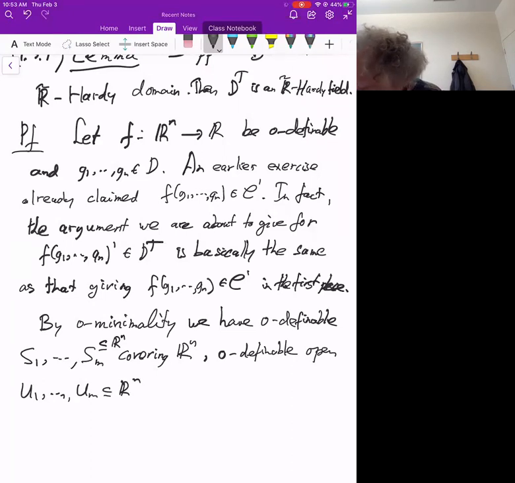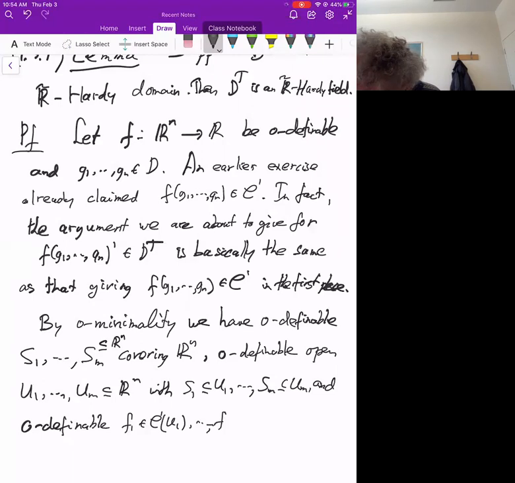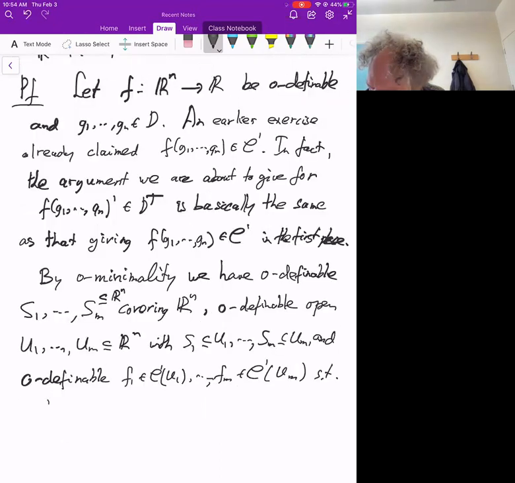And we have also zero definable open sets around them, open U1 to Um, around these Si's, with Si contained in Ui, and finally zero definable C1 functions F1 in C1 of U1 up to Fm in C1 of Um, such that F equals Fi on Si, right?